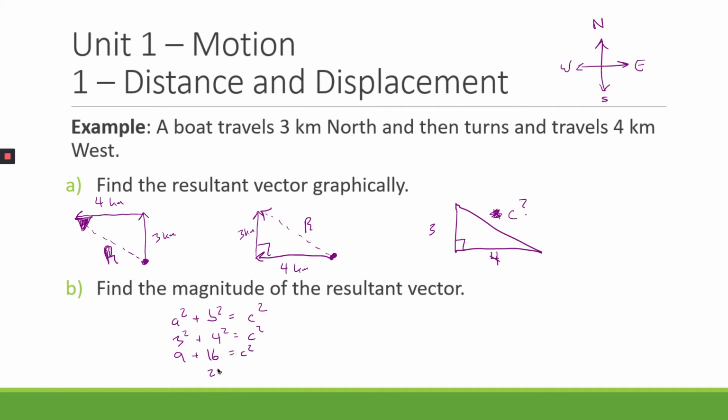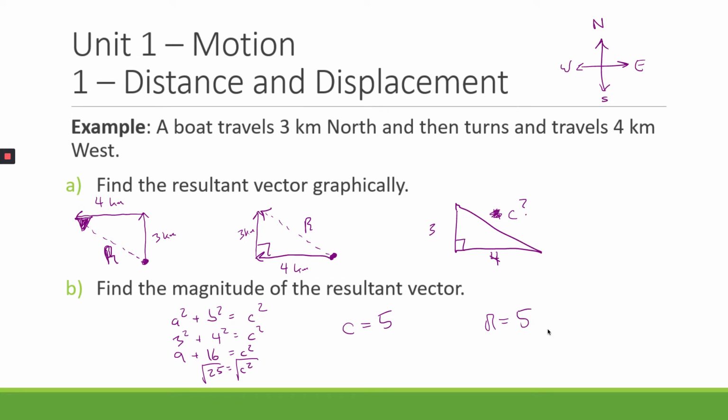So 25 equals c squared. What do we do now? Well, we want regular c, so we have to take the square root of this, and we get c to equal 5. Beautiful. So the magnitude of our resultant vector, R, is going to be 5.